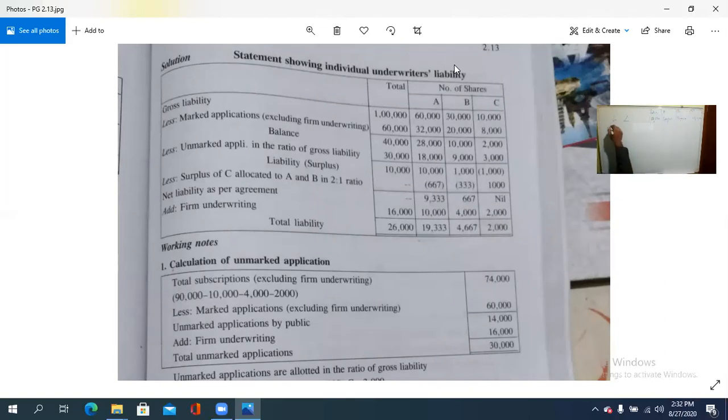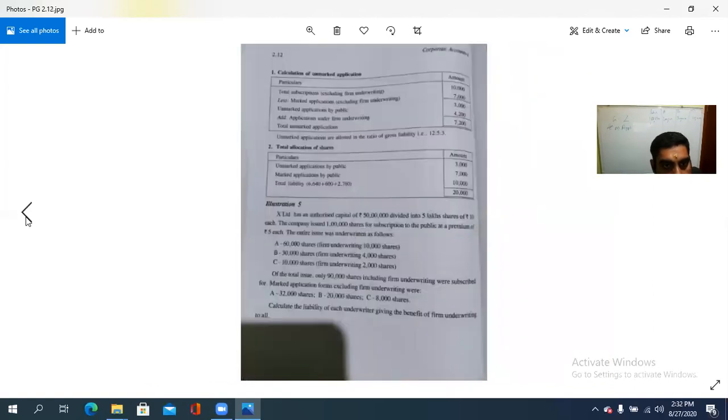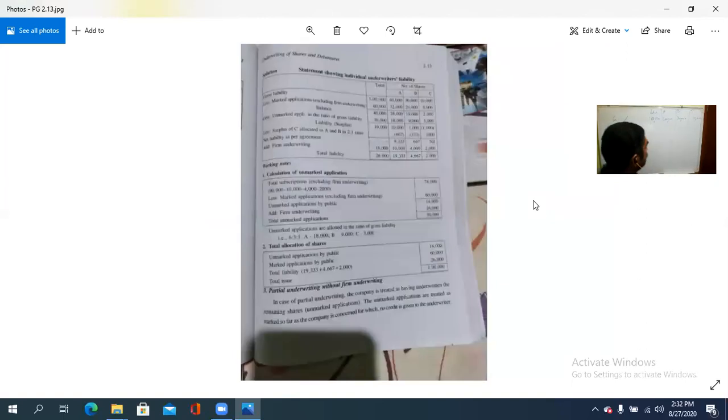Then less marked application. That is in the question it is given as 32, 20 and 8. So 32,000, 20,000 and 8,000. So it is 32 plus 20, 52 plus 8, 60,000 is the marked application. So 40,000 is the balance, isn't it?